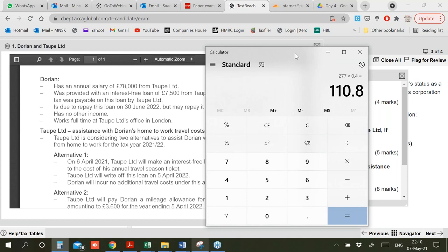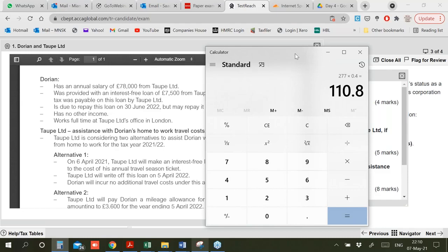Before, he had already received a loan from the company for 7,500, which was less than the exempt amount, so no taxable benefit. However, if he received this amount as a loan as well, all of his loan benefit will become taxable in his salary, and the benefit is calculated on the interest, and the HMRC interest rate is 2.25%.